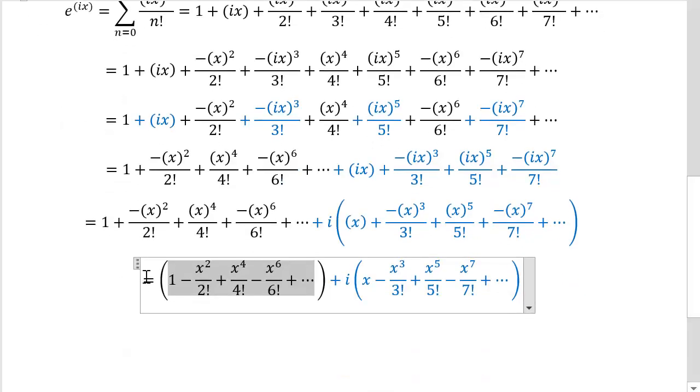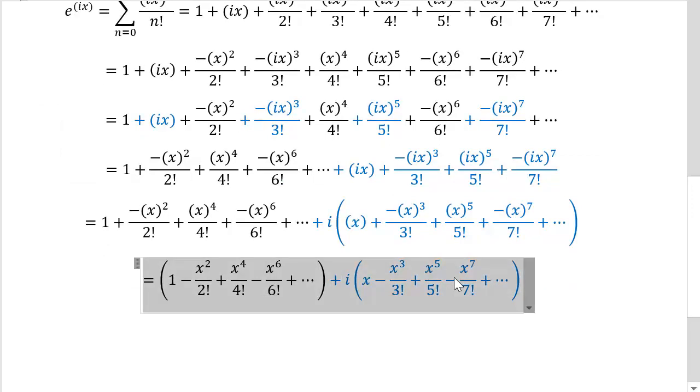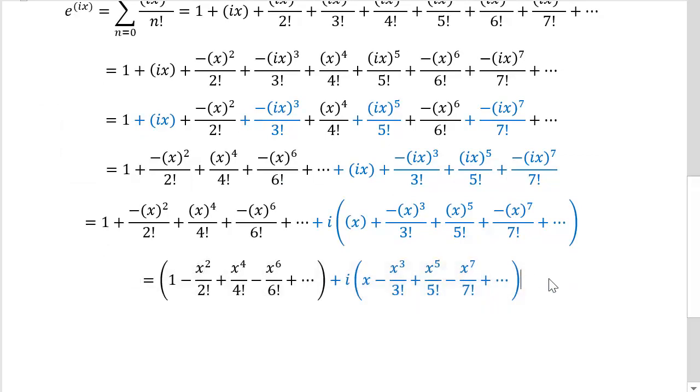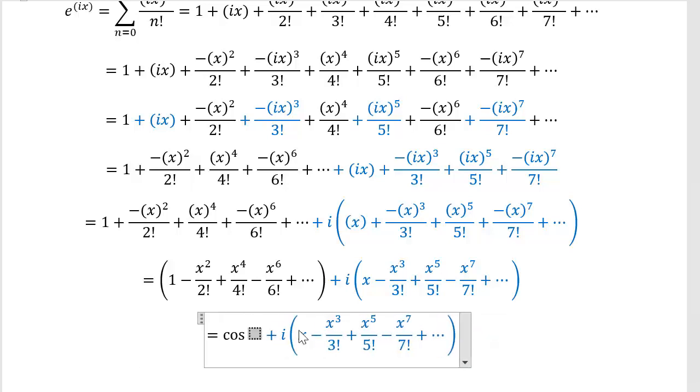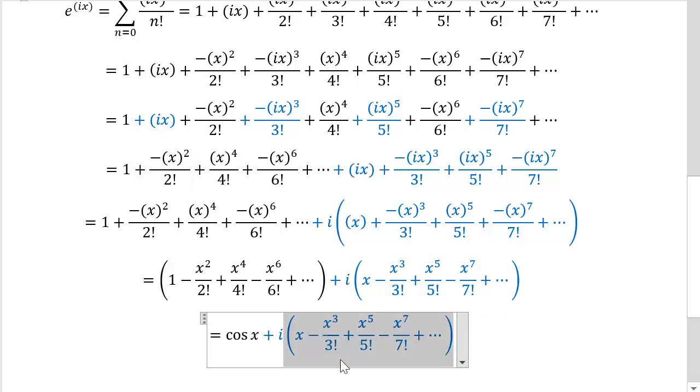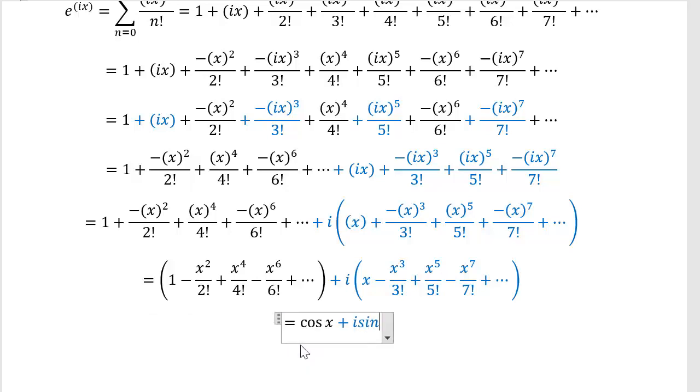So there we go. That basically completes our proof. Let's throw in our last step here to say that this thing in the parentheses in the first term is going to be your cosine function, and then this term in the parentheses in the second term will be your sine function.